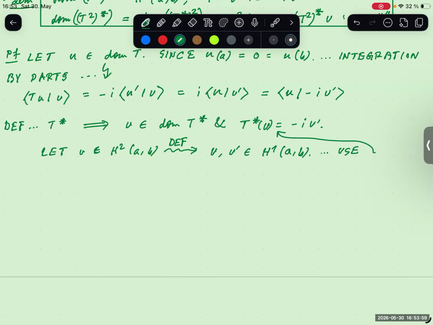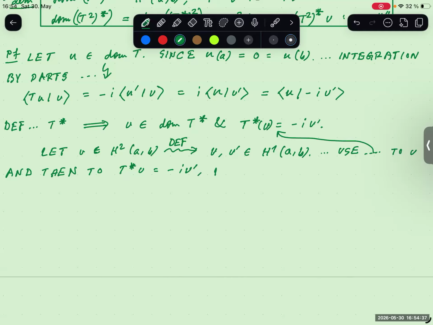Use this to V, and then again to this equation: T star V equals minus i V prime.